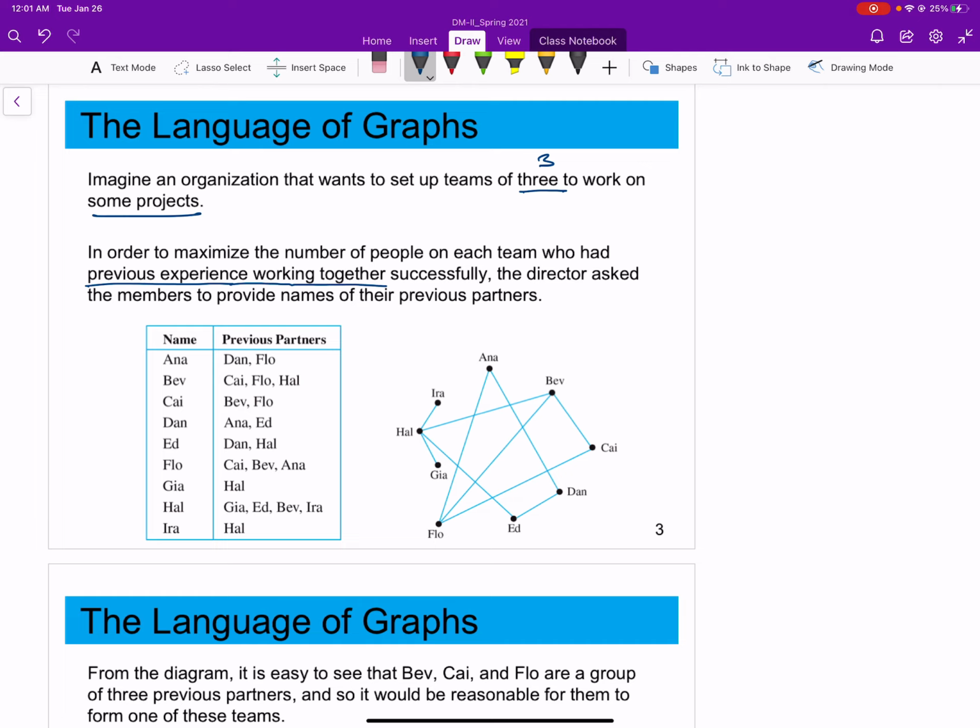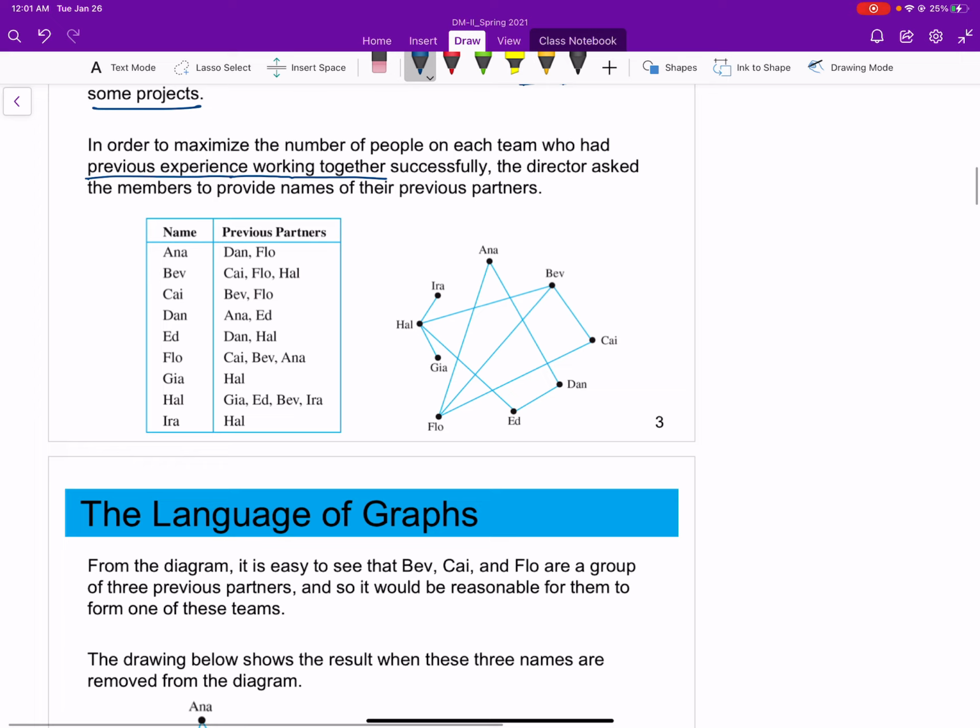The director asks the members to provide names of their previous partners. Okay, so here you have the names of people, and here you see the partners of each person. Those are the previous partners. All right. Now you can put this in a graph.